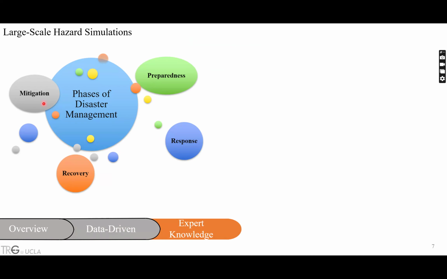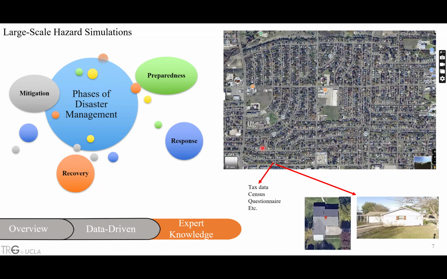For the first 2 stages, mitigation and preparedness, we need detailed information of the structures, the infrastructures, the people, of many things, to know how to simulate and to understand the problems, to mitigate them and be prepared for hazards. For example, we have tax data, census data, questionnaires, but those are expert knowledge.